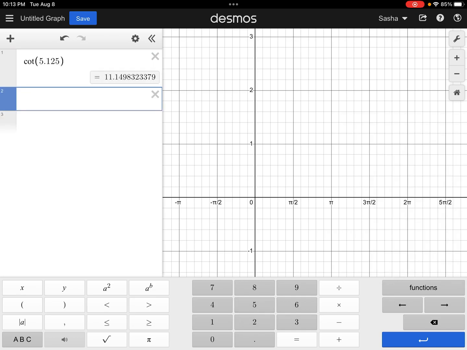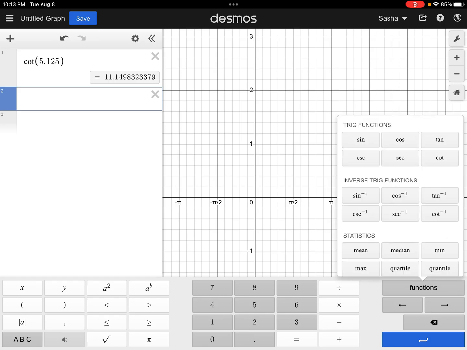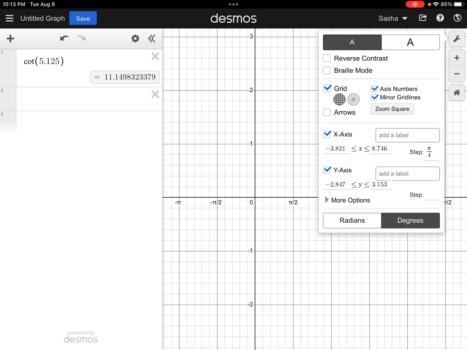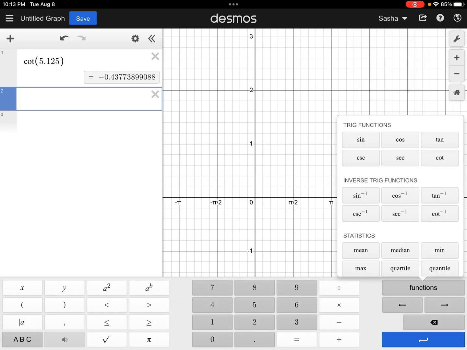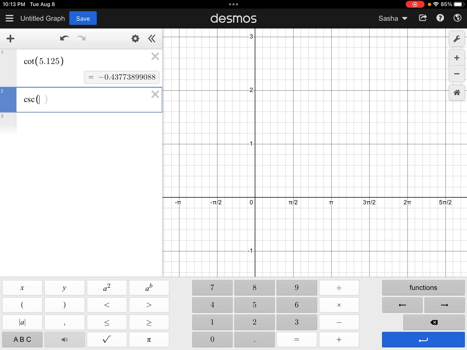Then I can do the same thing for the others, but I should make sure I'm in the right mode. I'm in the wrong mode. Now I'm in the right mode. I was like, that's not the right value. Then I can do cosecant of 5.125. Again, I'm having some difficulty typing. All right, so we got the decimal in there now.